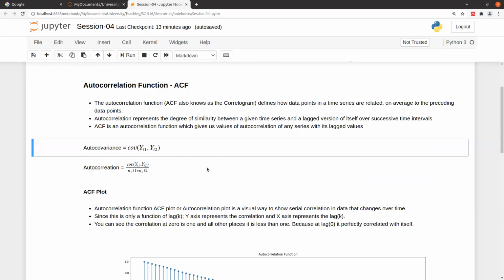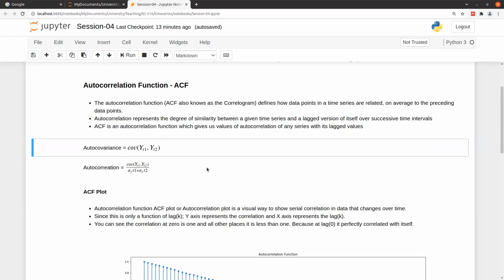Autocorrelation is simply the directional relationship between two data points. Correlation is the scaled version of covariance. Auto means we are referring to the same data series or time series.